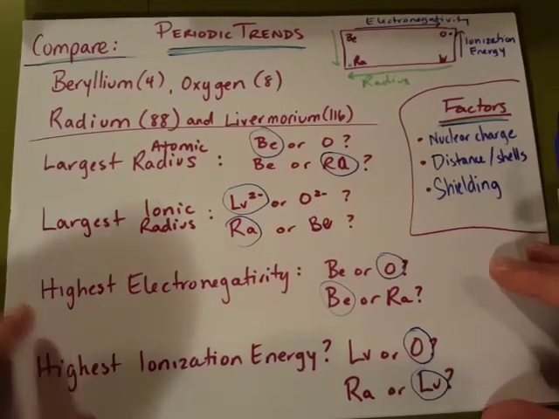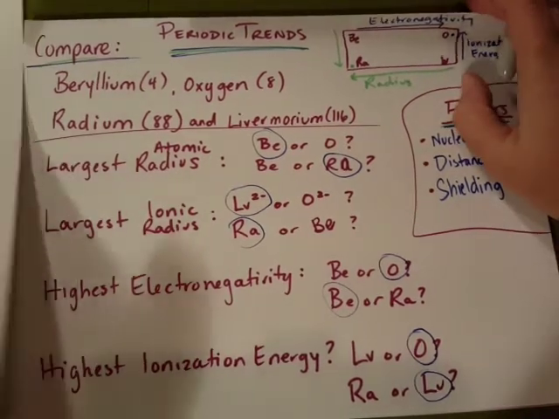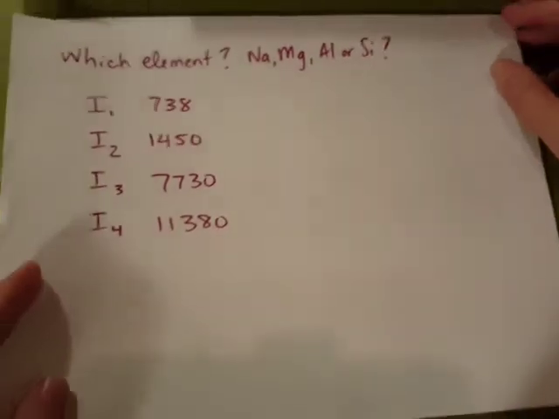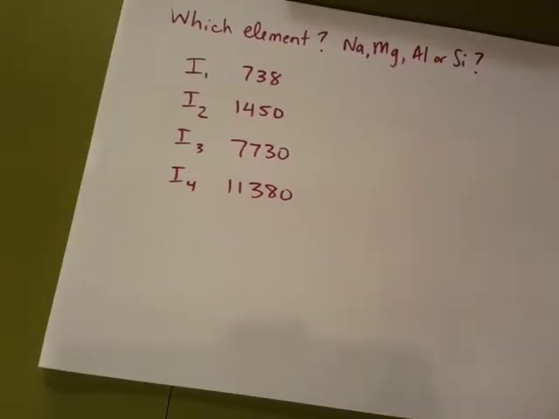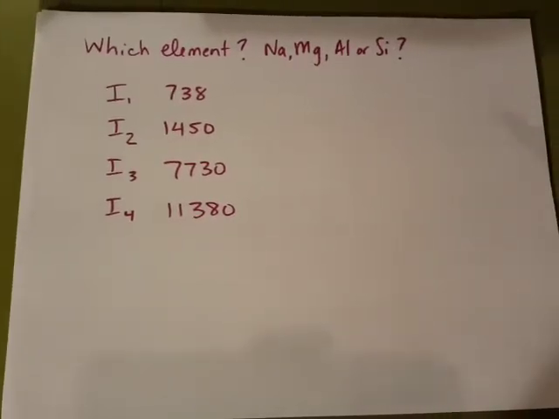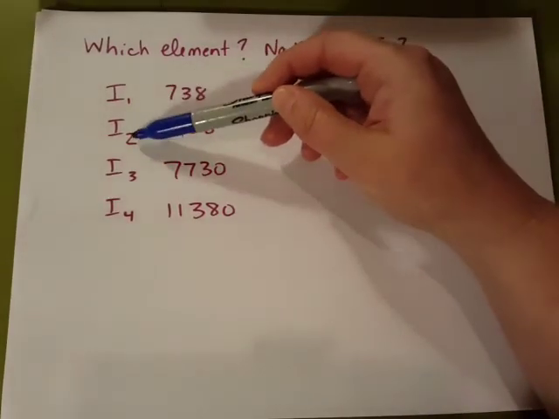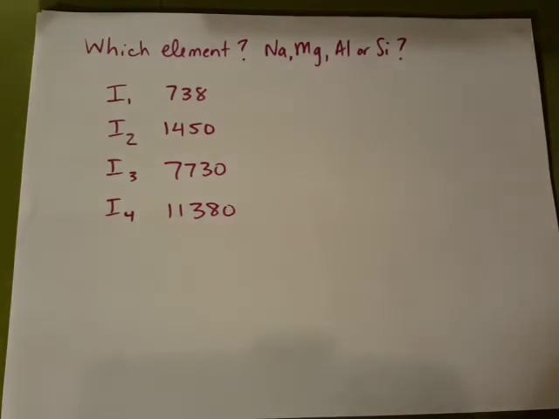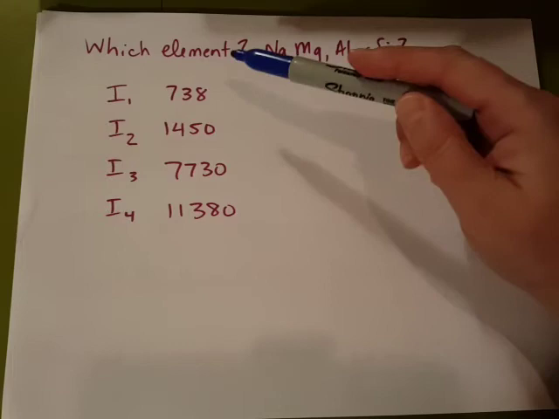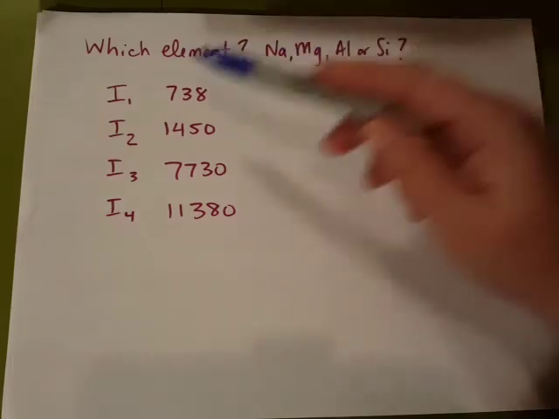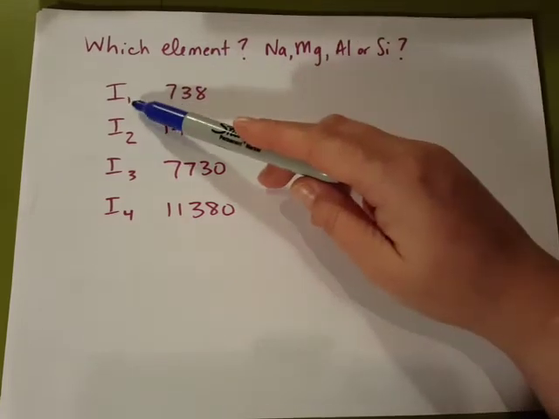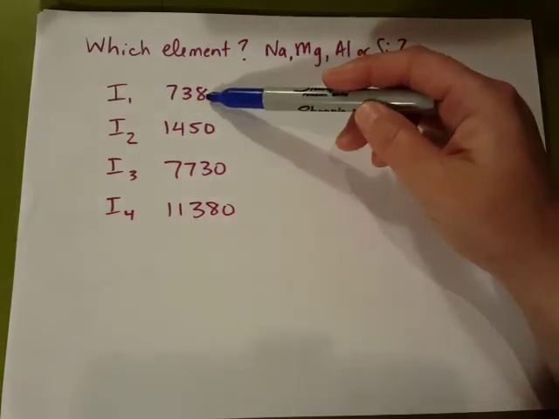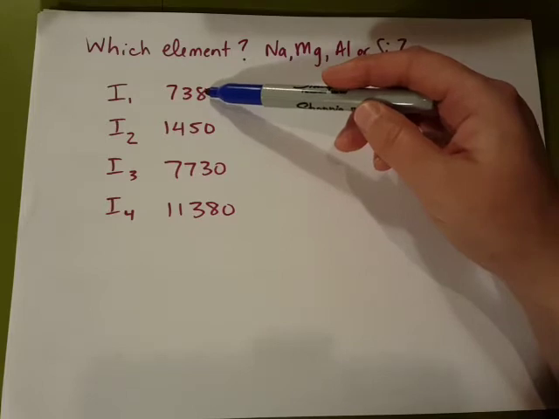pull. So speaking of ionization energies, I'd like to just take one quick peek at first, second, third, and fourth ionization energies. So here we have in kilojoules the energy required to remove one electron from this mystery element. So the first electron gets removed at 738 kilojoules.